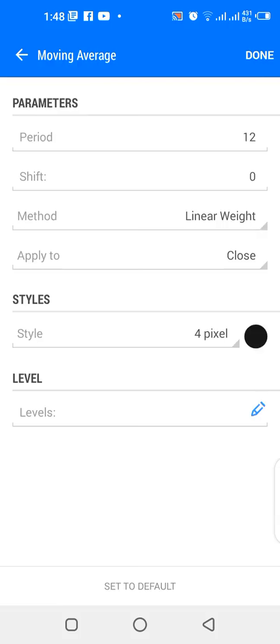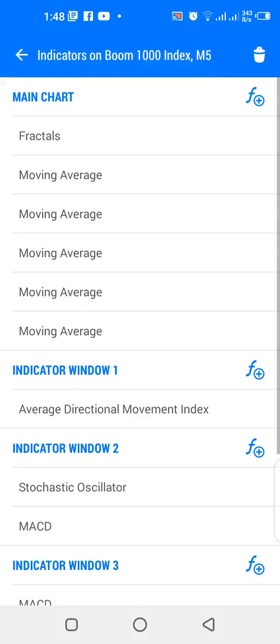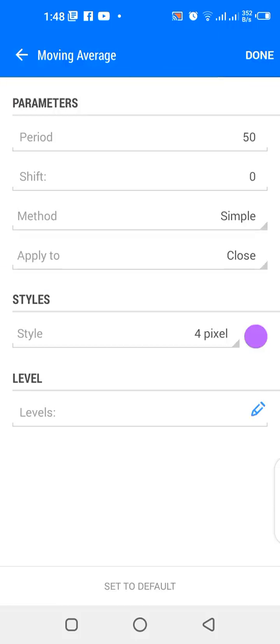Third one is 12 linear weight applied to close, black. And the fourth one is 50 simple moving average applied to close, purple. And the fifth one is 200 simple moving average applied to close, orange.